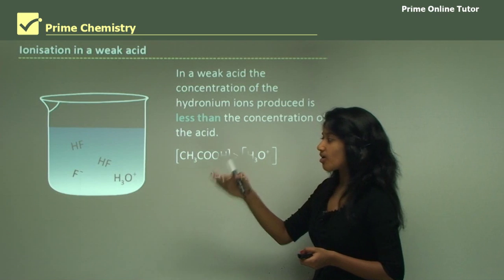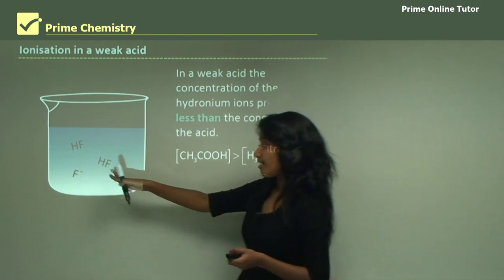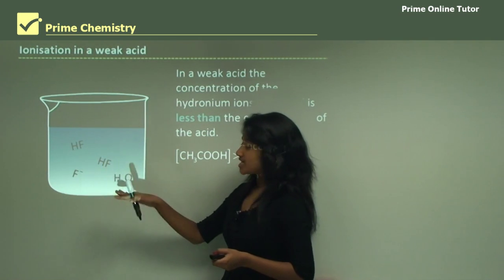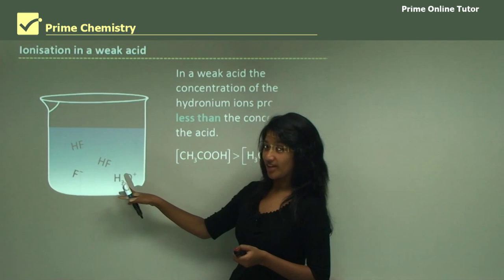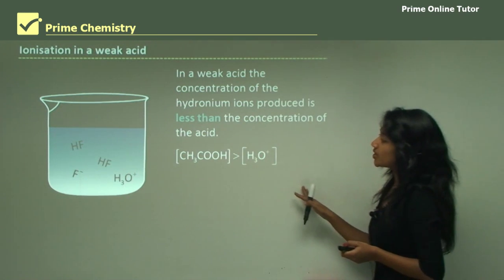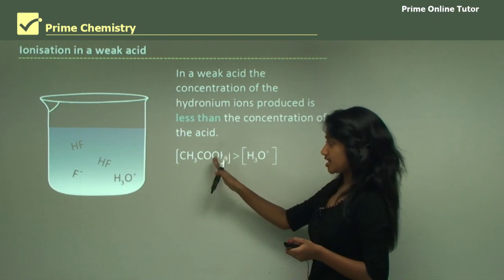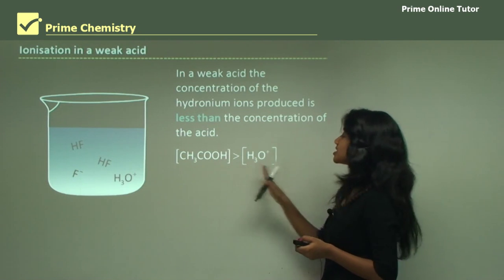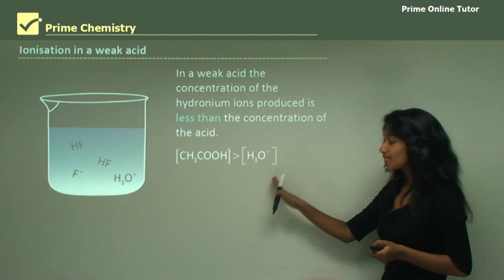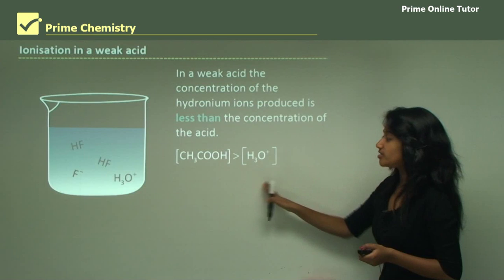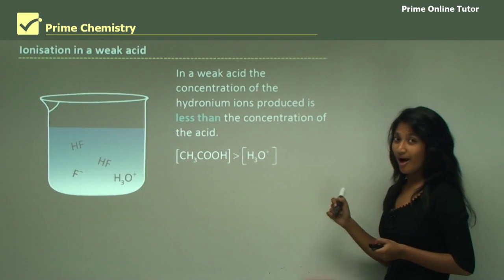So clearly our concentration of the HF or the acid molecule is going to be greater than the concentration of the hydronium ions.